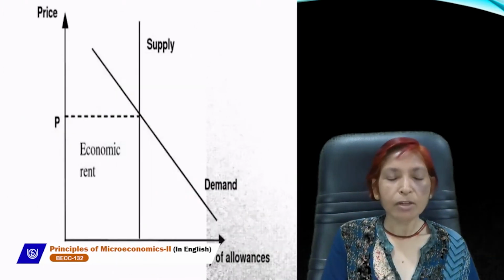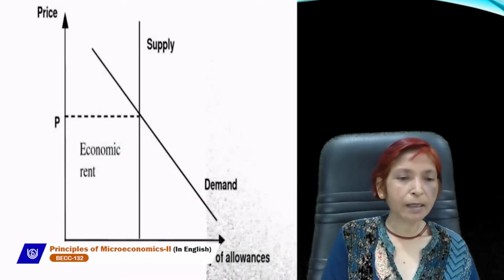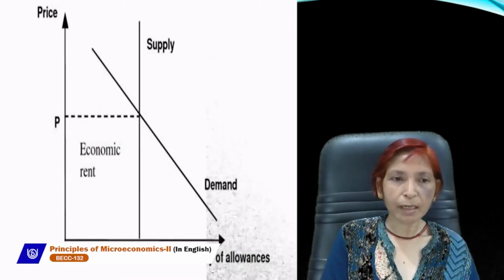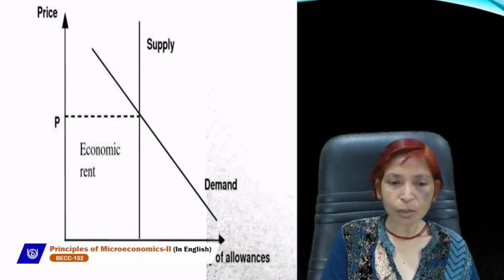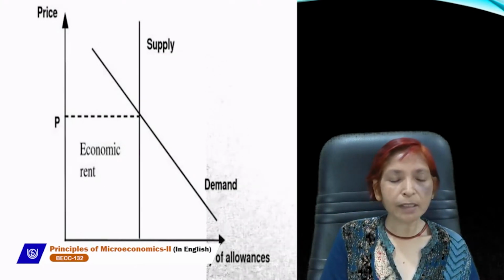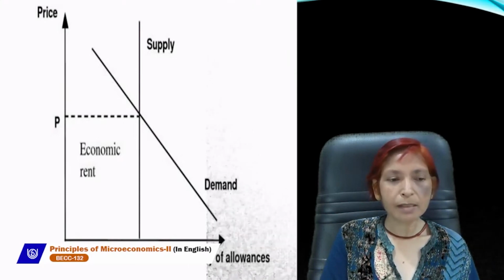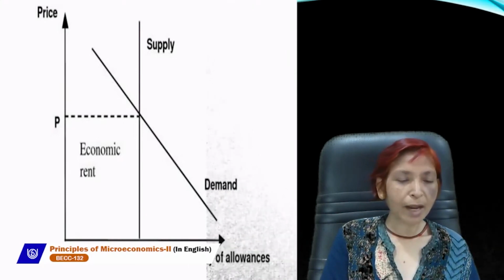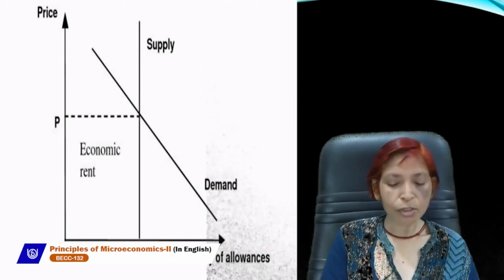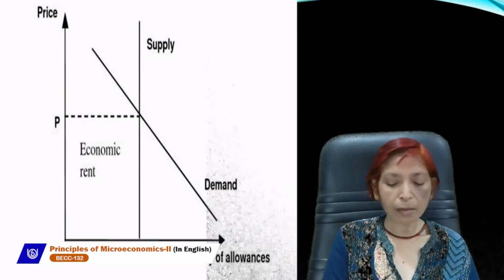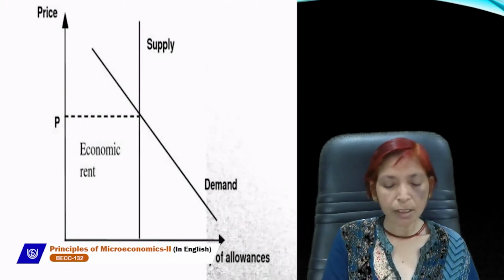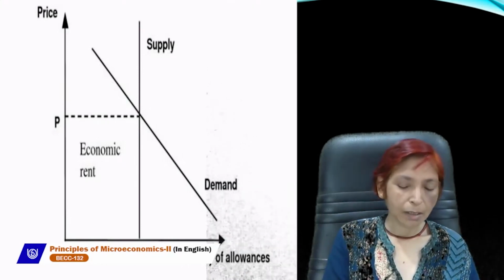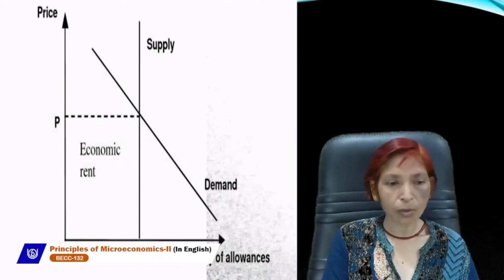Next, we can draw each of these diagrams individually. If supply is perfectly inelastic, the demand curve is a downward sloping curve, where both curves intersect each other, and equilibrium price and quantity will be determined. This box which we have drawn is showing that the whole income, the whole proportion, is economic rent. Here transfer earning is zero.